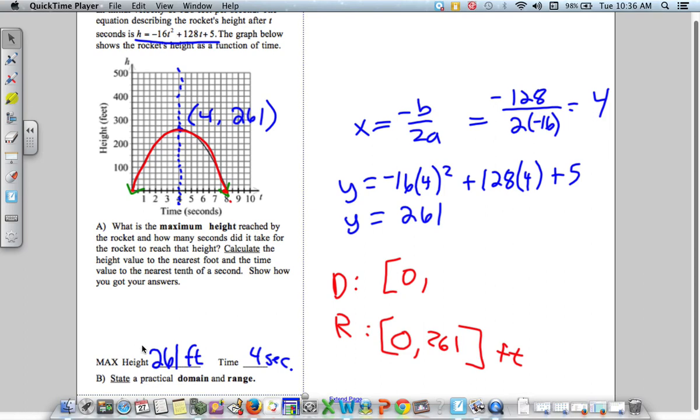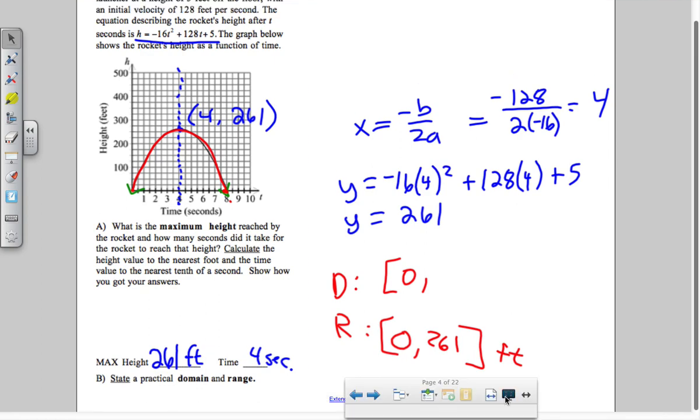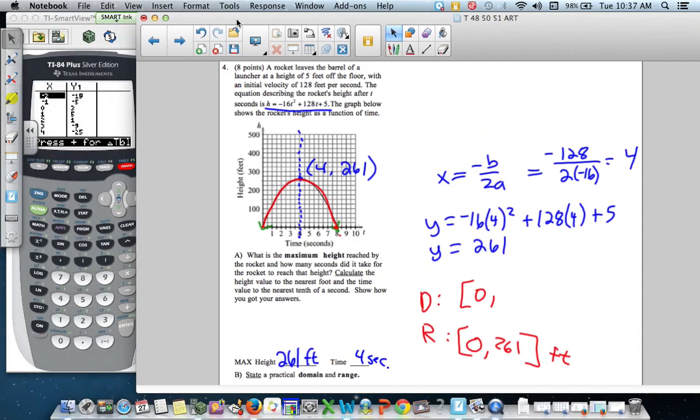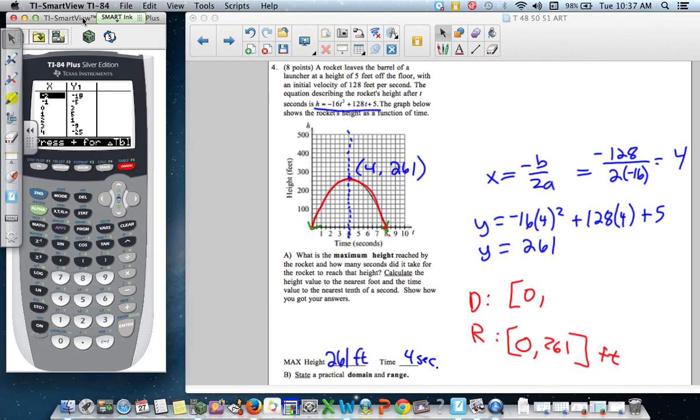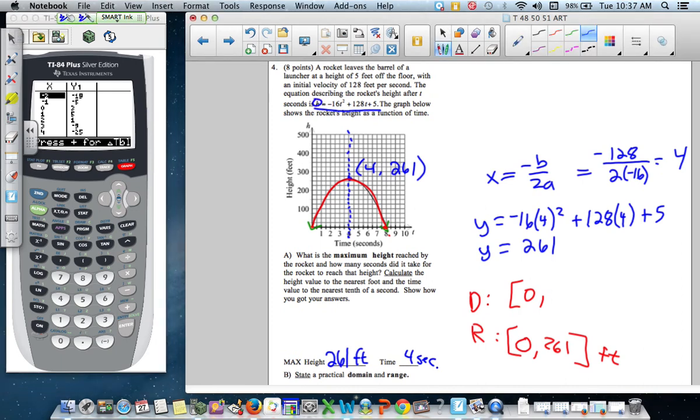So, if I want to get a little more precise answer for that high number for the domain, I could solve this equation. Here we go. I could use the quadratic formula to find out when this equals 0, when the height is back at 0 and the rocket is on the ground.